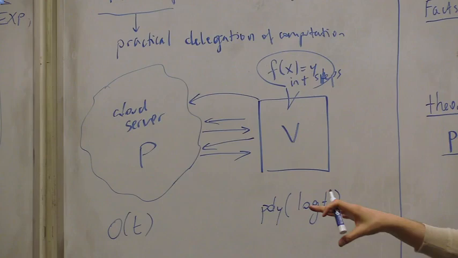These are not just theoretical statements. There is probably by now tens of millions of dollars in venture capital funding in technologies that are doing precisely this for building all kinds of products. This has happened in the last 10 years alone, developing technologies based on what are called probabilistic proofs.